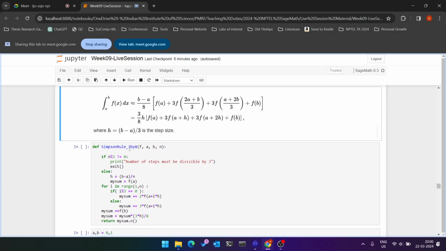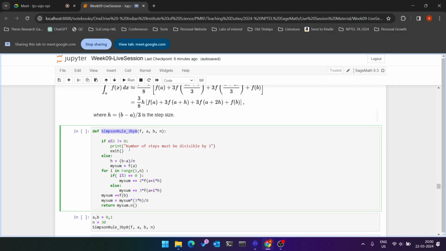So we define the Simpson rule 3 by 8. This is directly in the composite form. In the previous class, we had looked at how to define a numerical integration for one interval and then take it to multiple intervals to create the composite form. I have not written it like this.